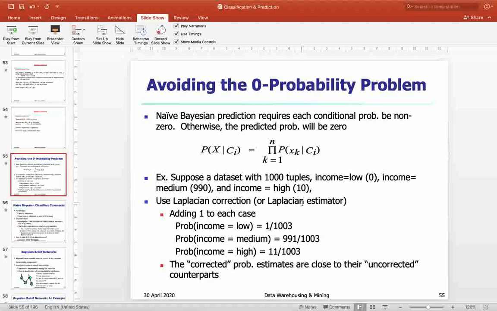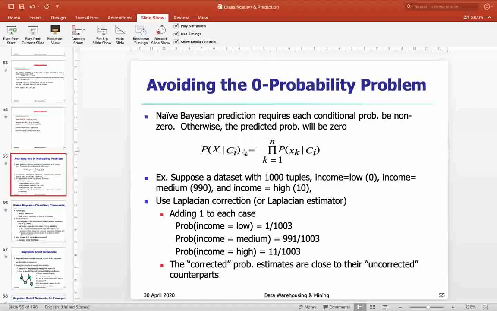So it is the case of 0 probability. There are 990 tuples with income medium and 10 tuples with income high, right? So a total of 1,000 tuples are there. Since there are 0 tuples against income low, it will lead to the 0 value, right? So this is the 0 probability.